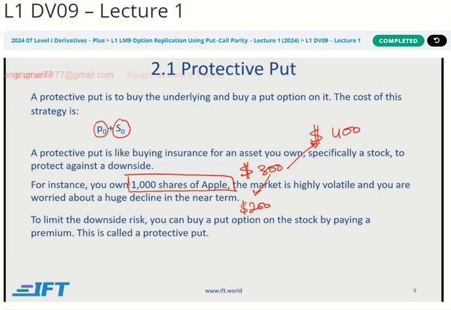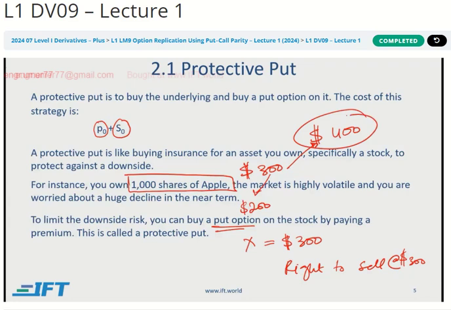So to protect yourself, what you do is you buy a put option with an exercise price of $300, which is giving you the right to sell at $300 per share. So in case it goes up, you don't care, you are happy. In case it comes down, you will exercise your right to sell at 300.